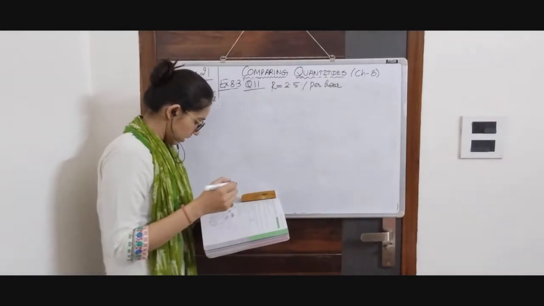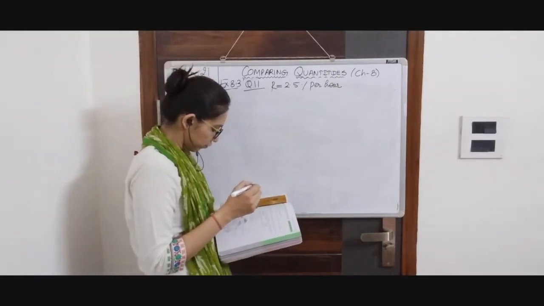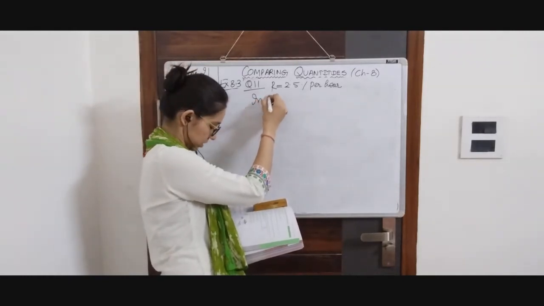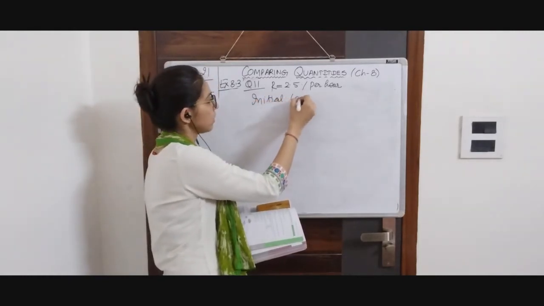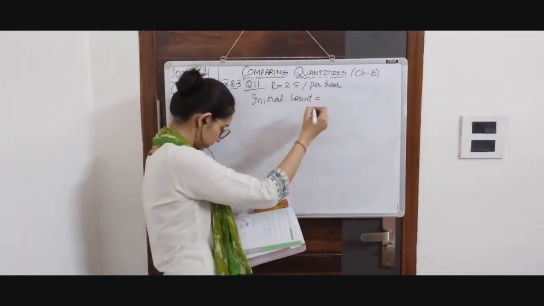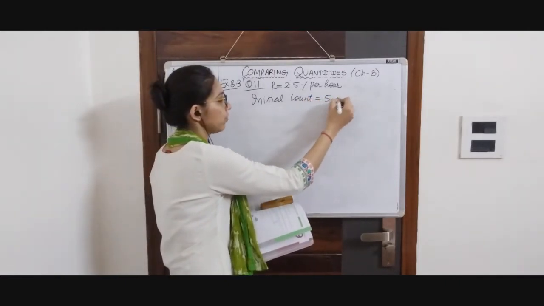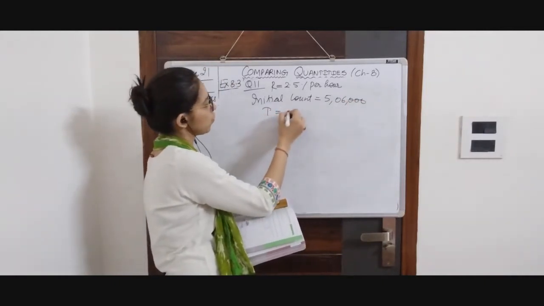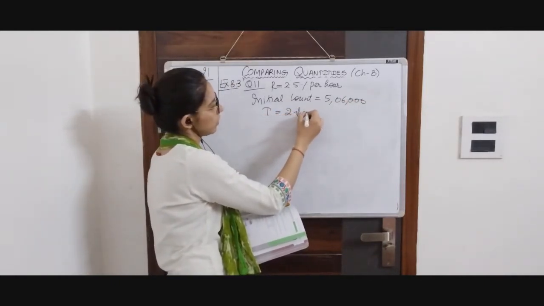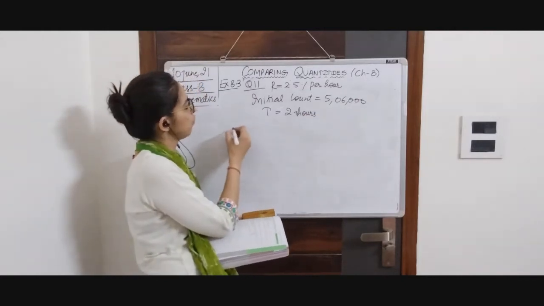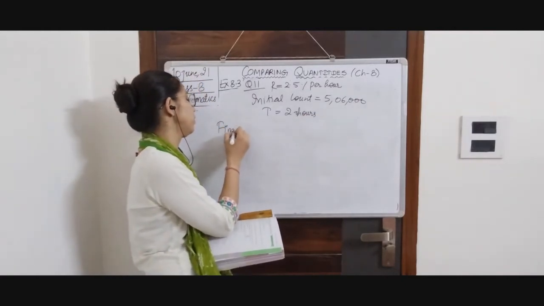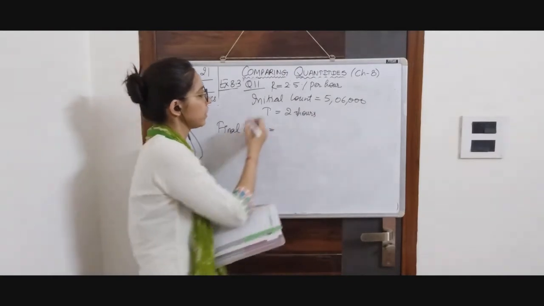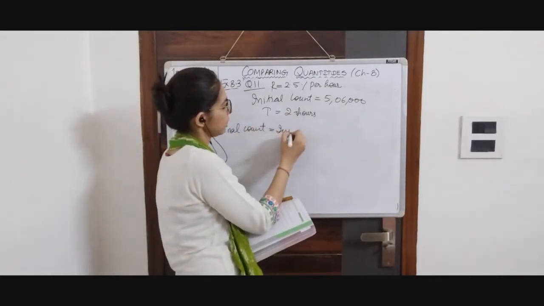Find the bacteria at the end of 2 hours, if the initial count is 506,000. So T is your 2 hours. We have to find the final count. The final count here will be the amount. The initial count will be your principal.